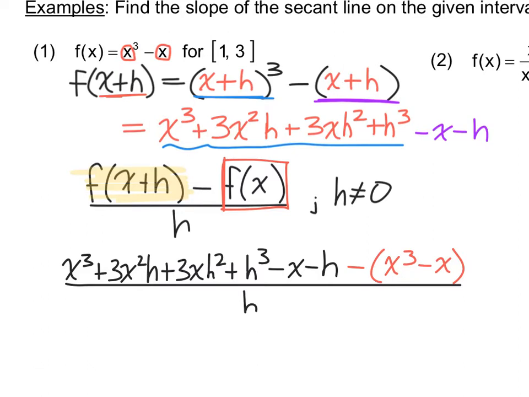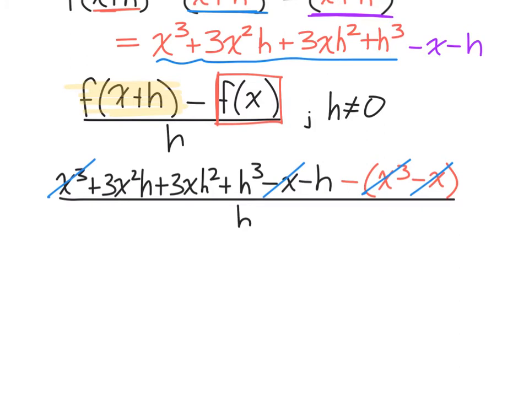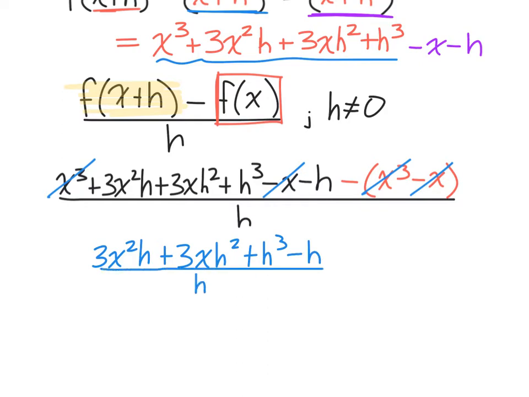It should cancel out with parts of your f of x plus h. So 3x squared h plus 3xh squared plus h cubed minus h all over h.